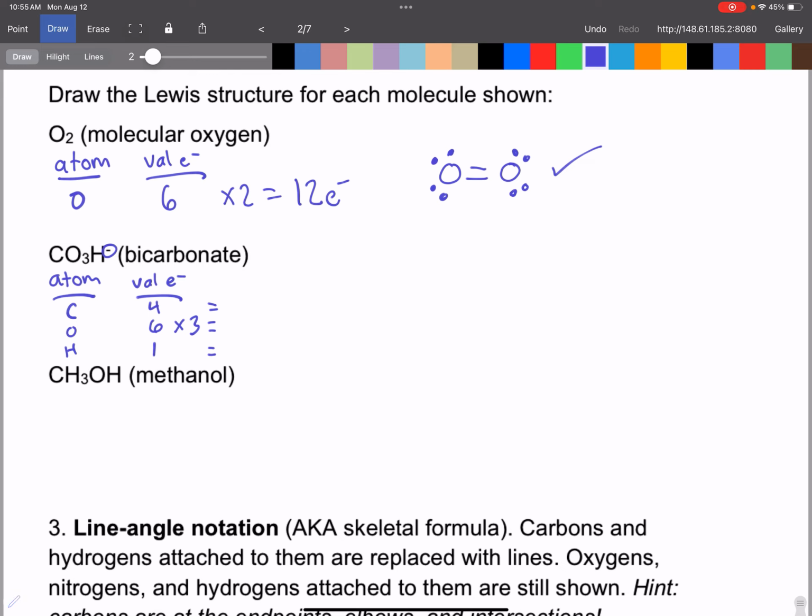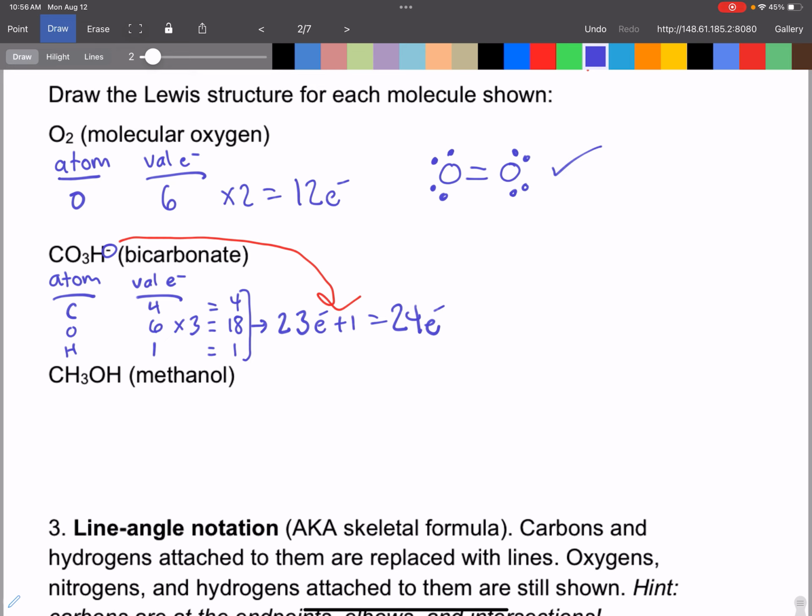I've got 4 from carbon, 18 from the oxygens, and 1 from the hydrogen. If we sum those up, we get 23 electrons. But remember, we have this negative charge, so we need to add 1, and so we have 24 electrons as the total number of valence electrons in this molecule.